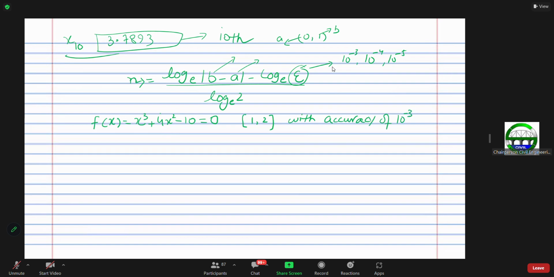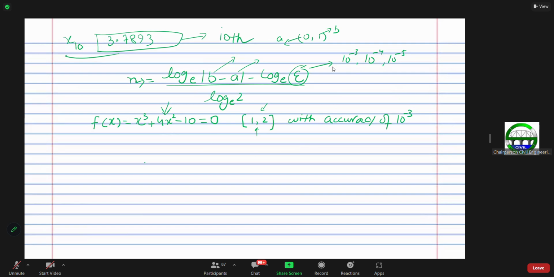Find the number of iterations you have to do between this interval. The real root lies between 1 to 2, and you should have an accuracy of 10 raised to power minus 3.